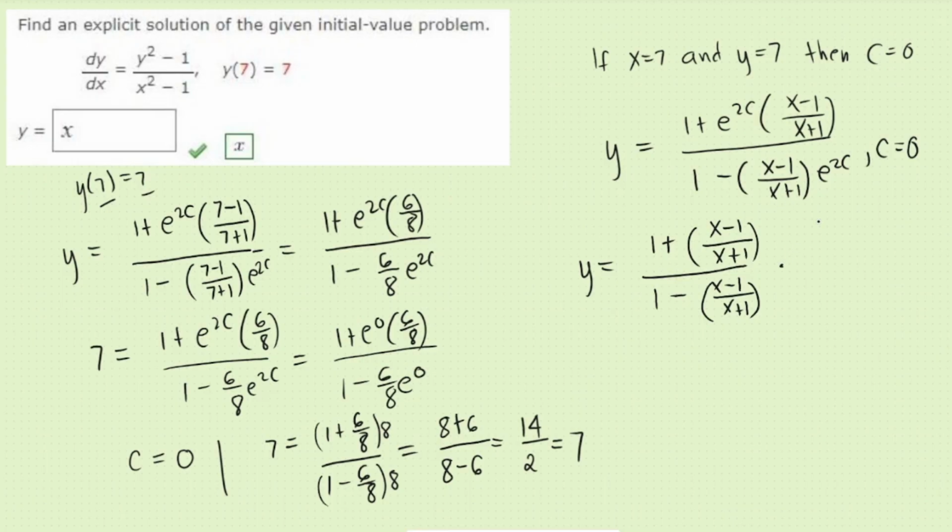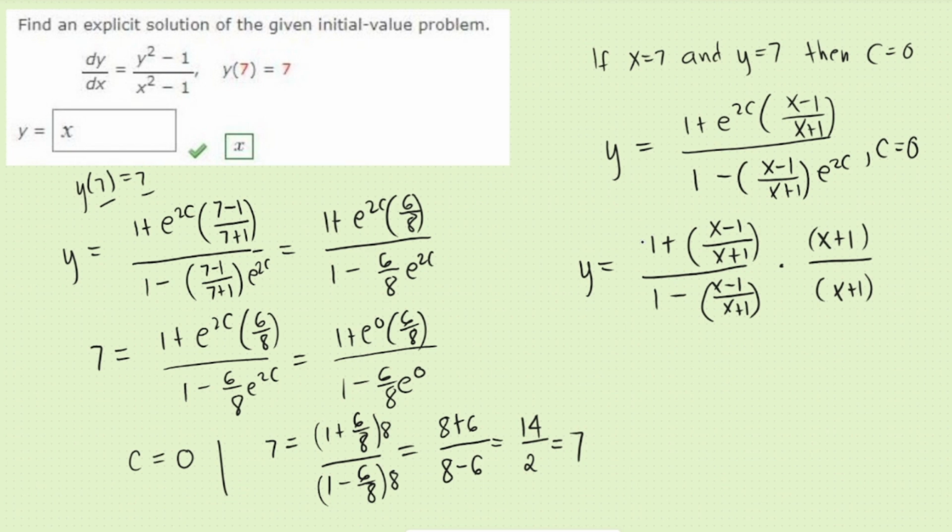So we can actually multiply the numerator and denominator by (x plus 1) over (x plus 1). So this is just 1, right? X plus 1 over x plus 1 is just 1. So it's just the multiplicative identity.